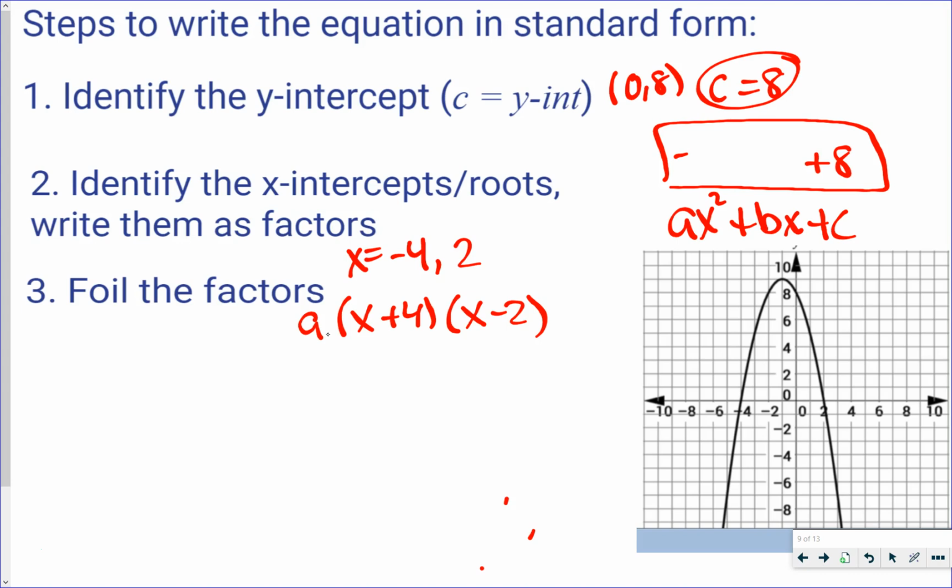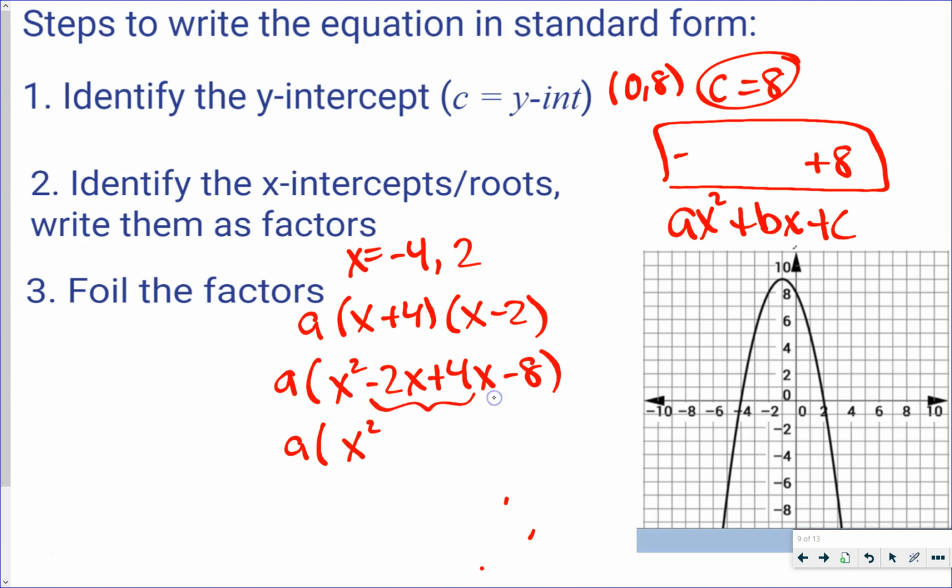Now we're going to put it all back together. We're going to multiply back through, FOIL the factors. So a is still over here. We have x times x, which is x squared. x times negative 2 is negative 2x. 4 times x is 4x, and 4 times negative 2 is negative 8. Bring these back together: plus 2x minus 8.